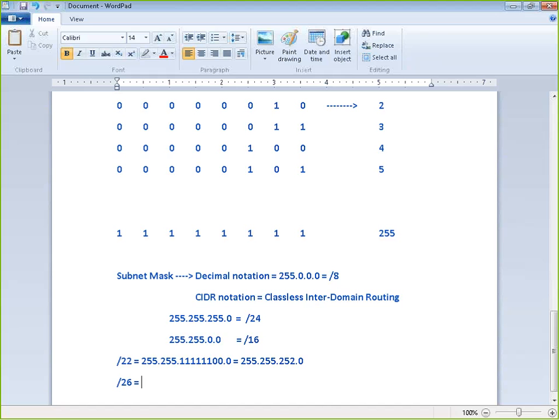That's absolutely right. It's going to be 255.255.255, that becomes /24, and then 2 more bits. That becomes 192, and that is your decimal notation of a subnet mask.